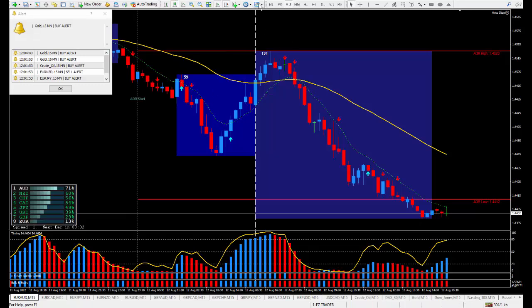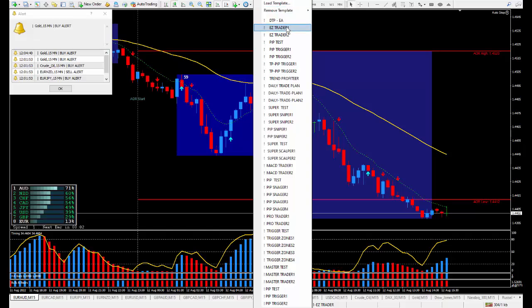Now keep in mind that template number 1 is with the meter here. Now once we get into futures, I remove the meter as it doesn't work on futures, so no meter is number 2 here.